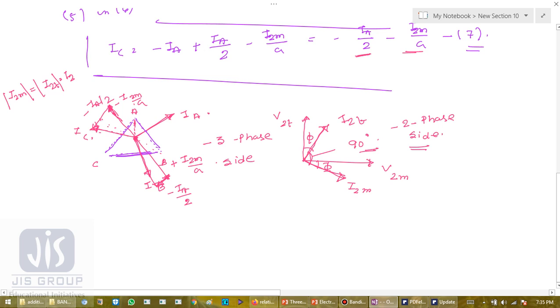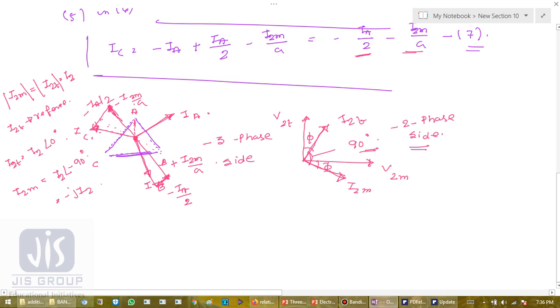Now let I2T be the reference. So I2T equals to I2 angle 0 degree, because I have taken this one as reference. So what will be my I2M? I2M equals to I2 angle minus 90 degree, balanced 2-phase supply. That means in complex notation, minus j I2.